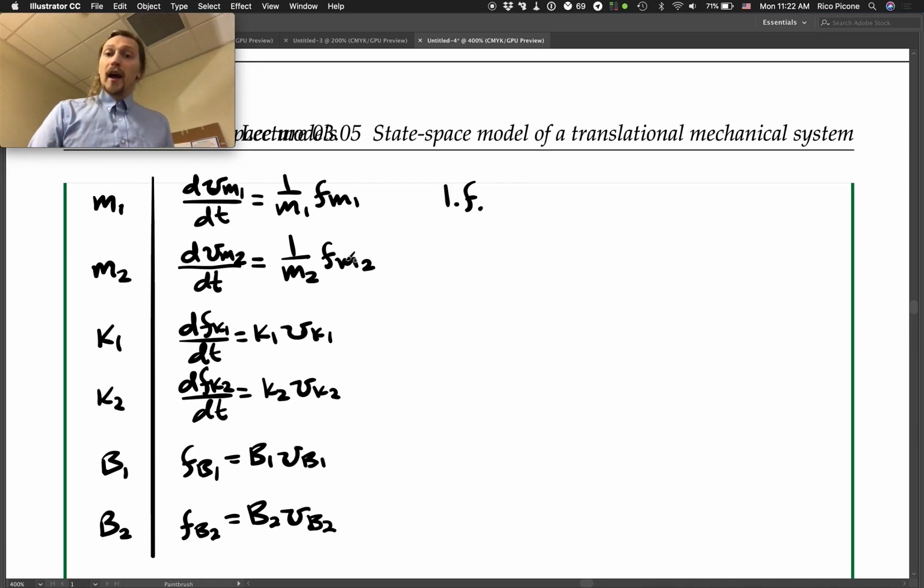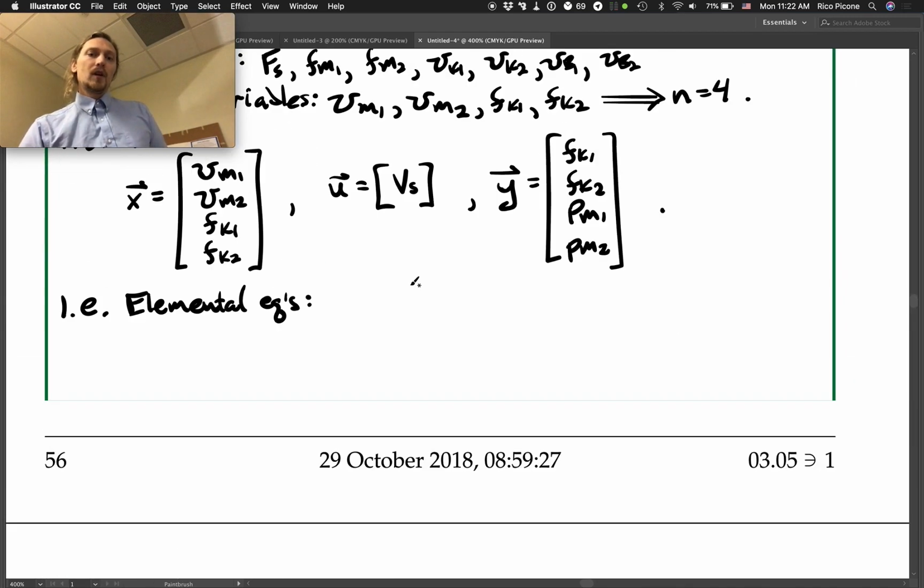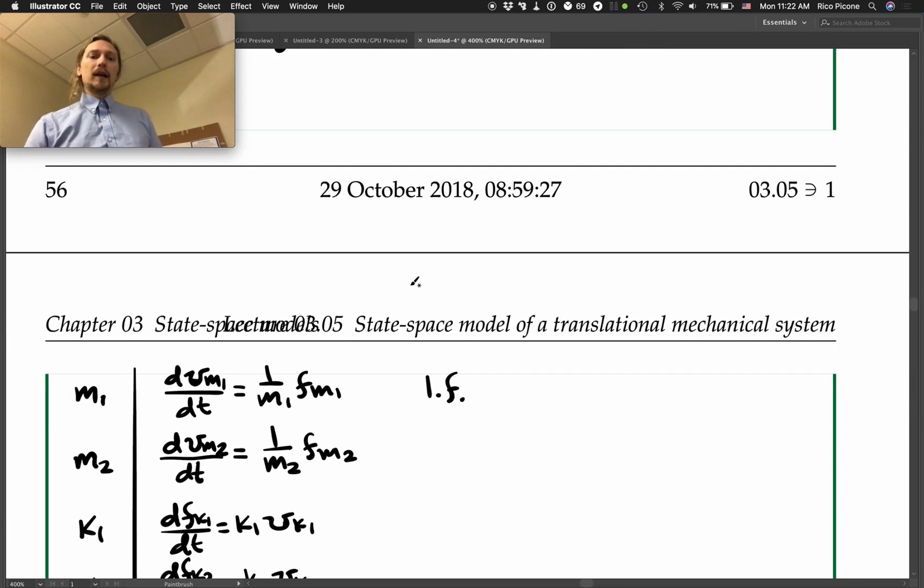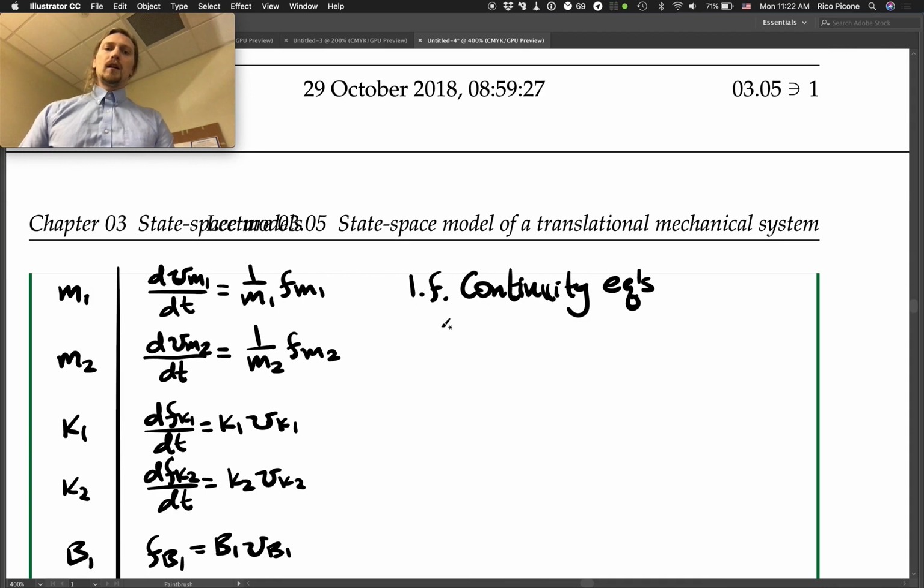So 1F is, we got to do continuity equations, right? And we're going to do a continuity equation for each passive element in the normal tree.